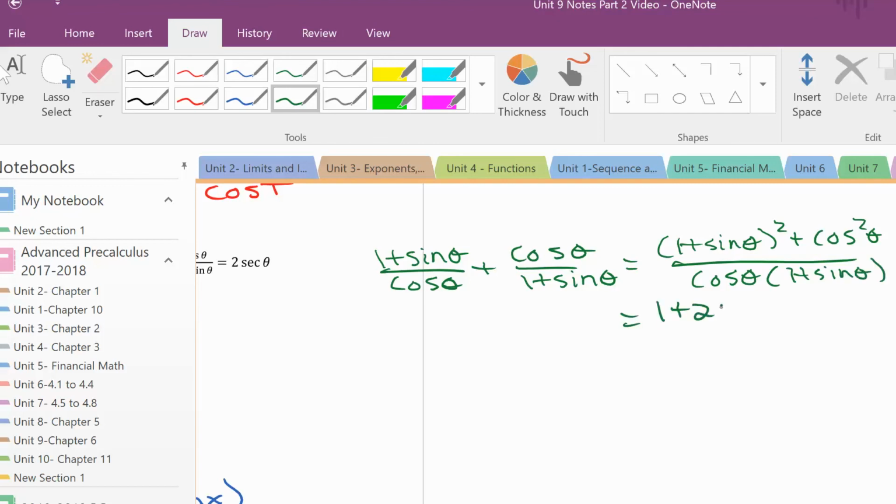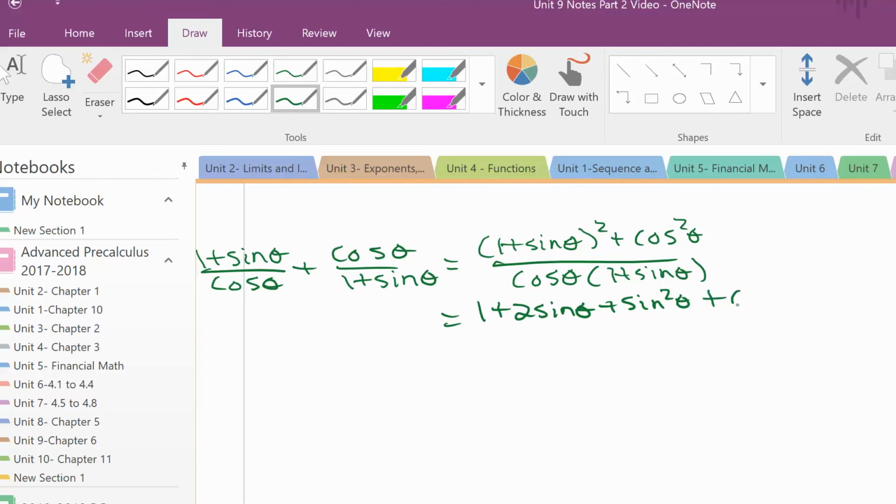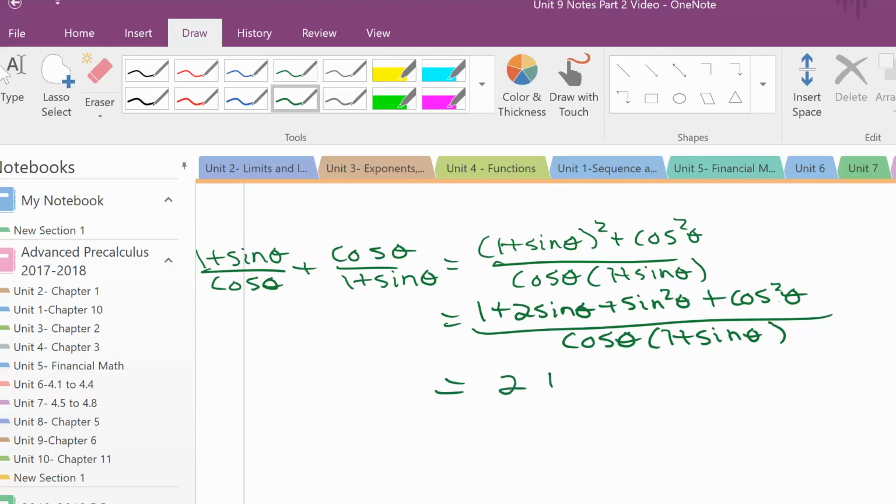1 plus 2 sine theta plus sine squared theta when you multiply it out, plus cosine squared theta all over cosine theta times 1 plus sine theta. And sine squared plus cosine squared is 1, plus 1 is 2.